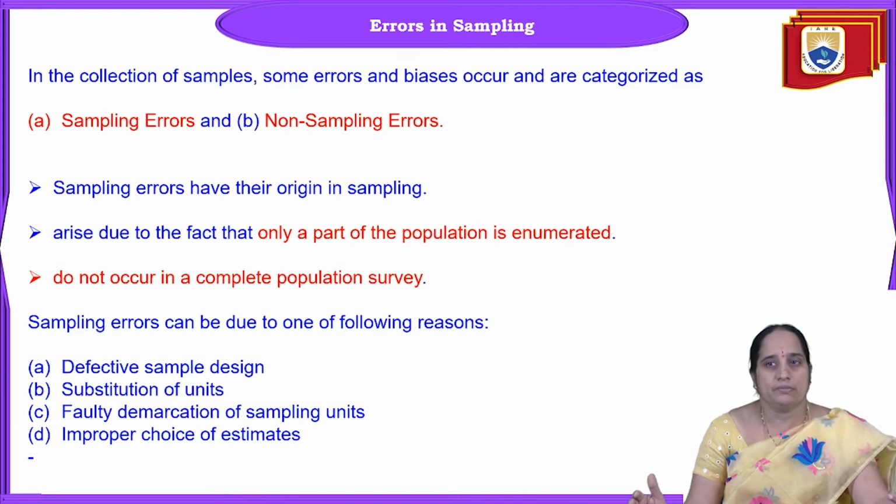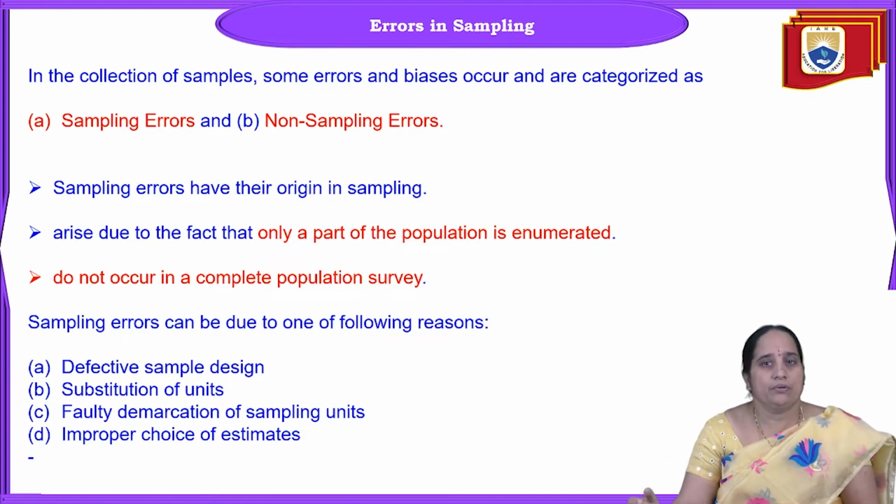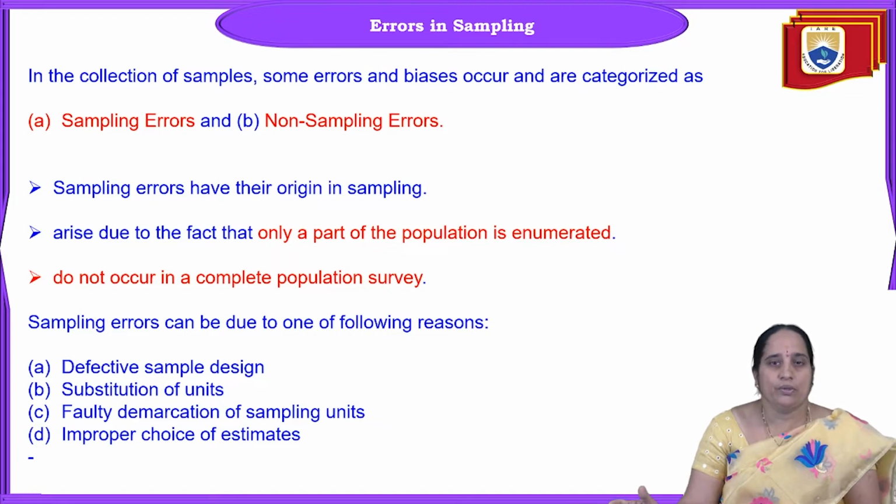In a sample survey, if you have a large mass of data, it may not be possible for the researcher to cover it. So he selects a small part which is representative of the population chosen for the study. As it is a part of the total population, it will possess the same characteristics. These errors do not occur in a complete population survey, so whatever errors occur in the sample may not belong to the total population.